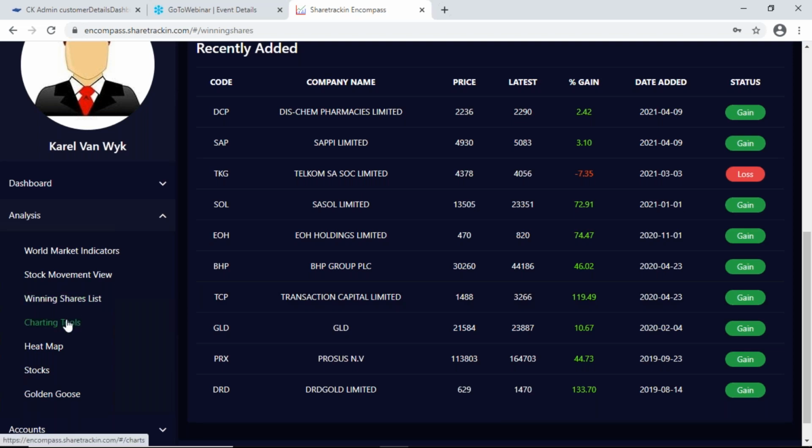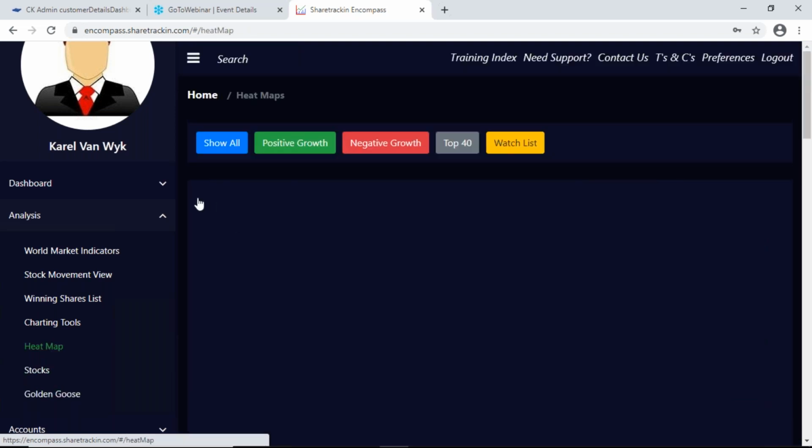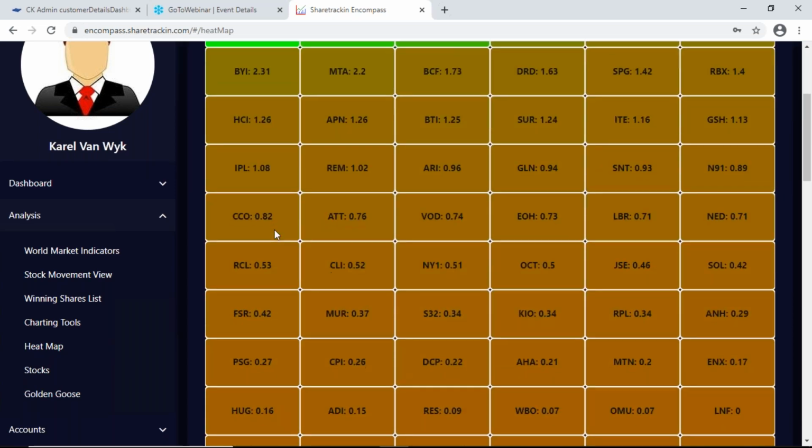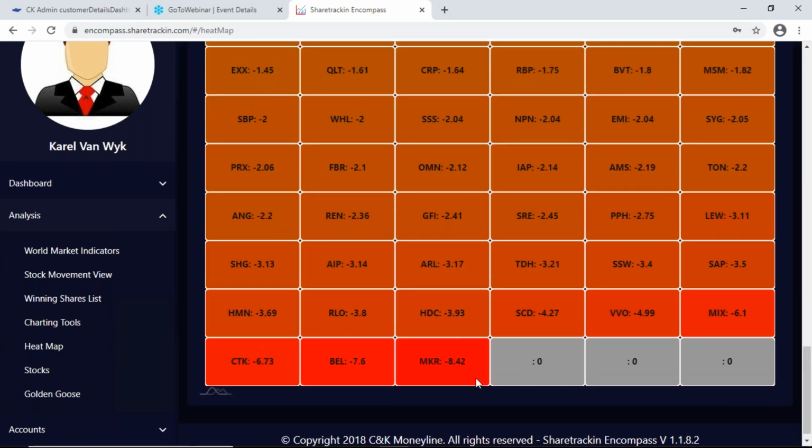So charting tools isn't really something we use. It's the smaller version of our big charting. We have our heat map, which just shows you the shares that are performing the best to the shares that are performing the worst in the form of a heat map. So from green going to red, green being the best, and then obviously red being the worst.